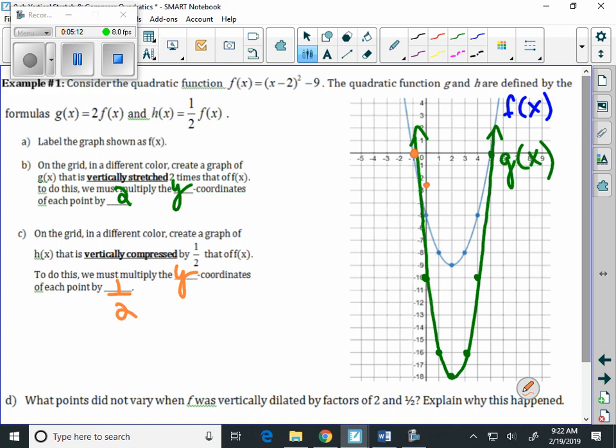On the original graph, we have the point 1, negative 8. Negative 8 times 1/2 is negative 4. The vertex is 2, negative 9. Negative 9 times 1/2 is negative 4.5. The next point, 3, negative 8: negative 8 times 1/2 is negative 4.